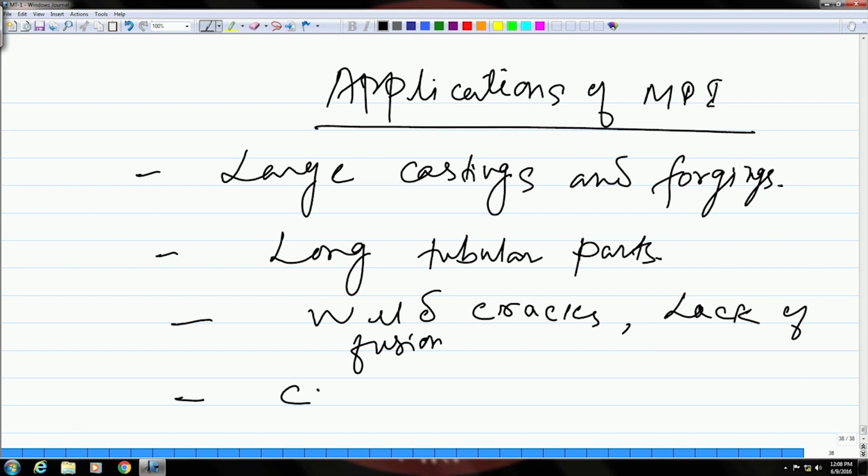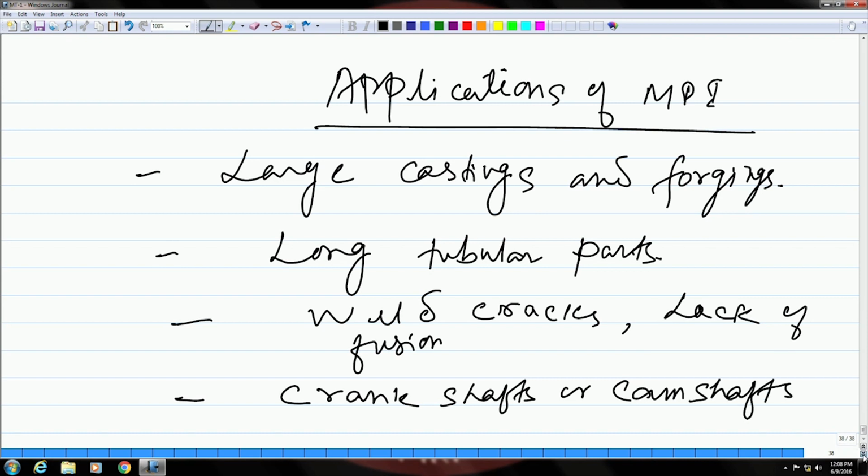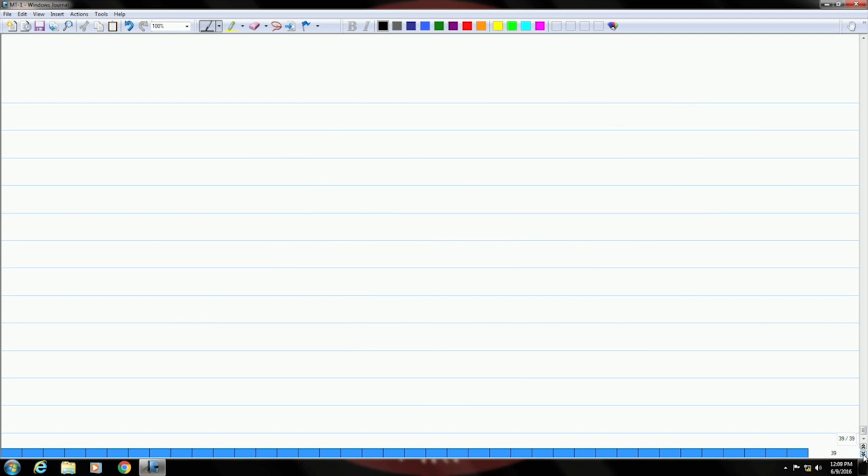Then parts like crankshafts or camshafts can also be inspected. Then hollow parts or holes, we have seen this before also while discussing about particle application.